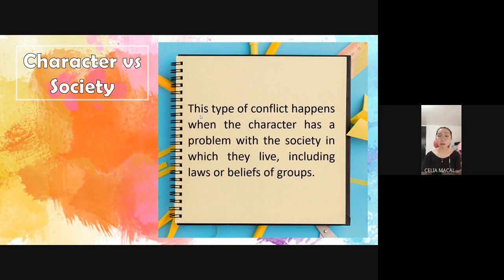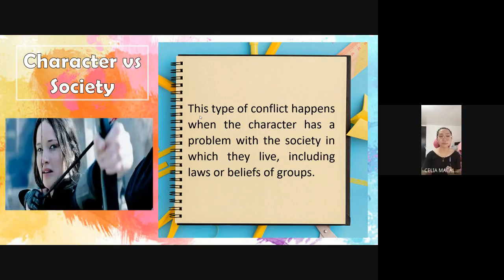Second one is character versus society. So this type of conflict happens when the character has a problem with the society that they live in, including the beliefs or the laws of that group. So for example, do you remember this girl?